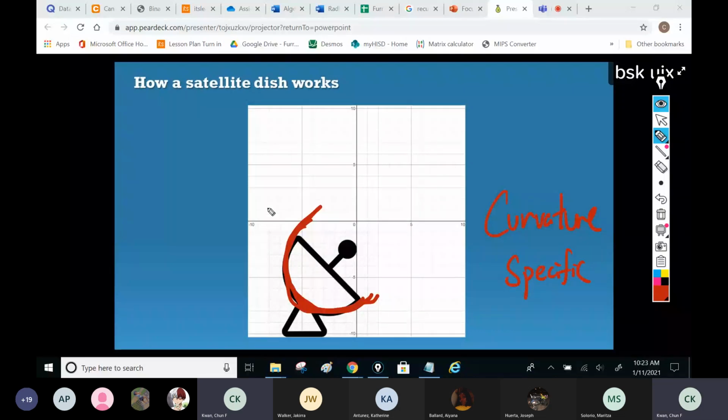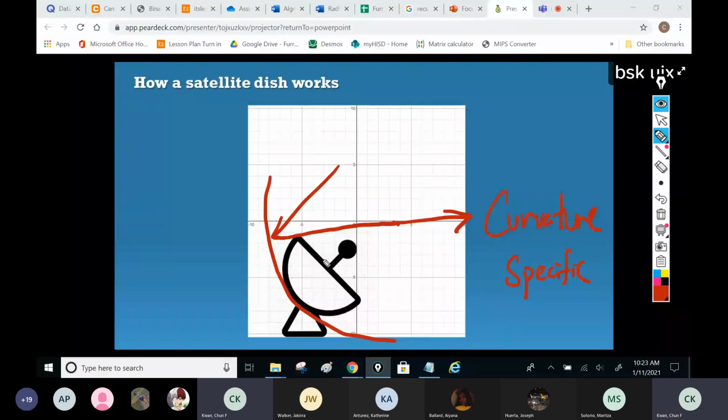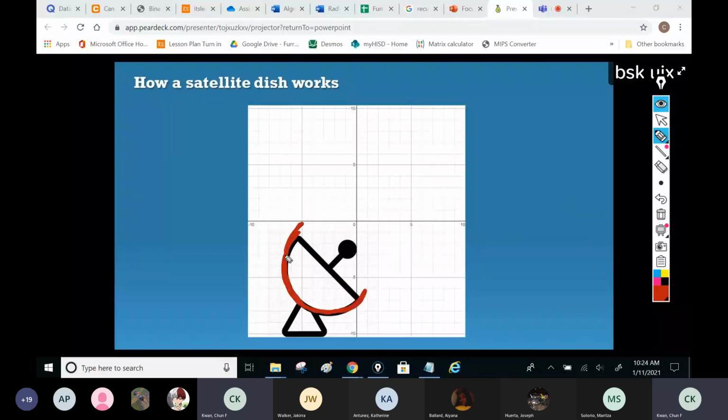Because if it's really flat, the signal is going to miss the signal receiver and just go out like this. Or if the curve is too pointy like this, it will also bounce to the other side and then bounce back out like that. So what I'm trying to say is the curvature of the satellite dish is very specific.